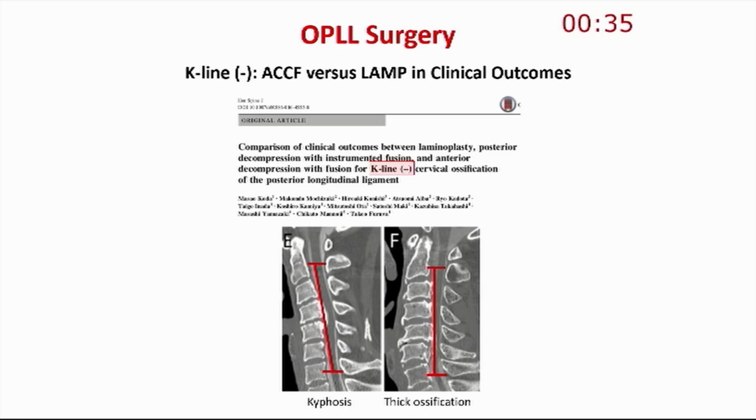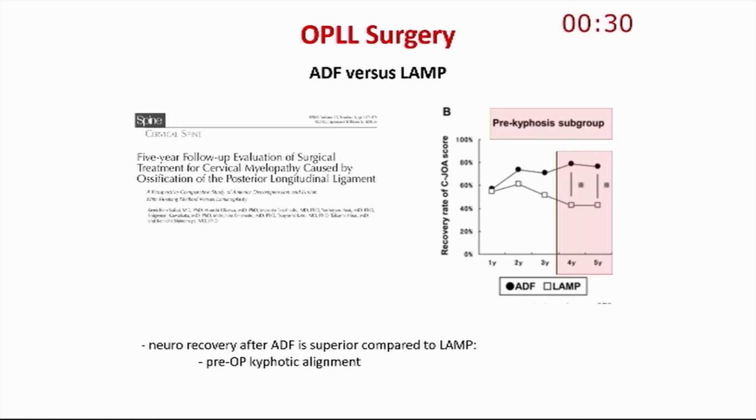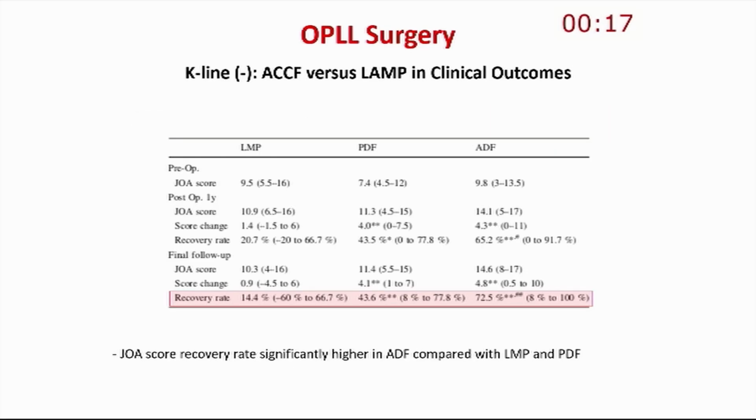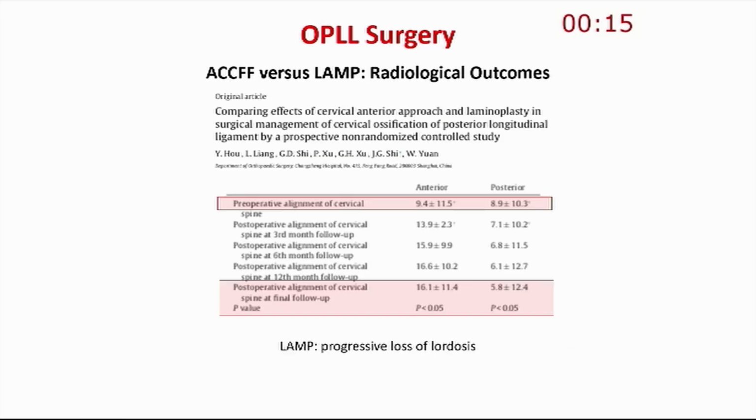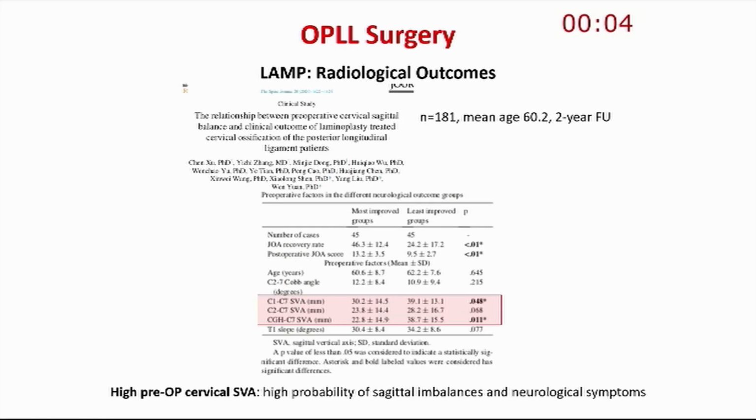And you can have negative K-lines because the patient is either kyphotic or has a very thick ossification. Neuro recovery after ADF, anterior decompression and fusion, is superior to laminoplasty if you have a pre-op kyphotic alignment. Again, the same data: with the posterior approach, laminoplasty, not only do you progress the disease, but you also have progression and loss of the lordosis that you gained.